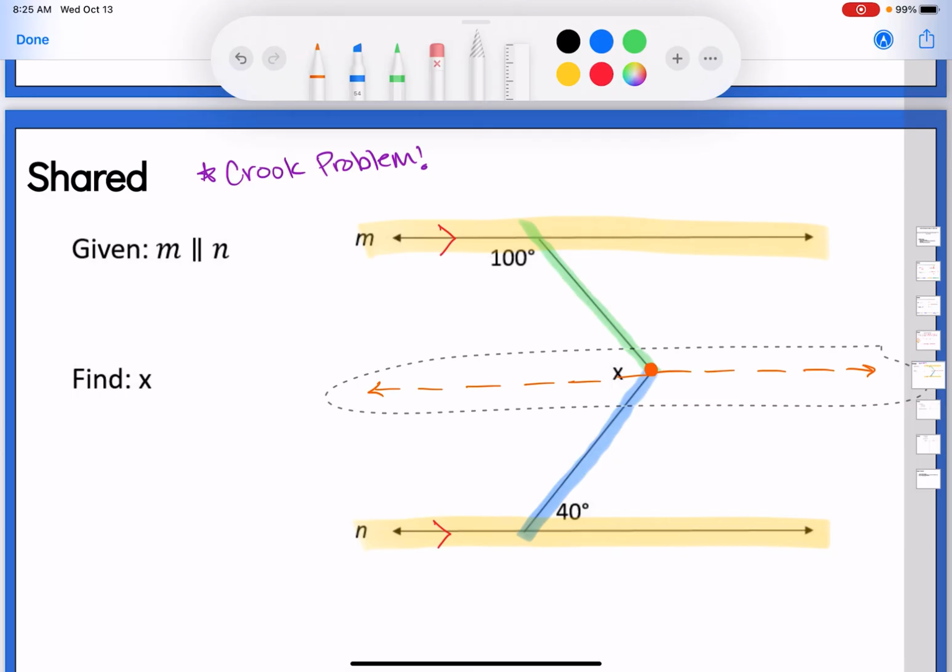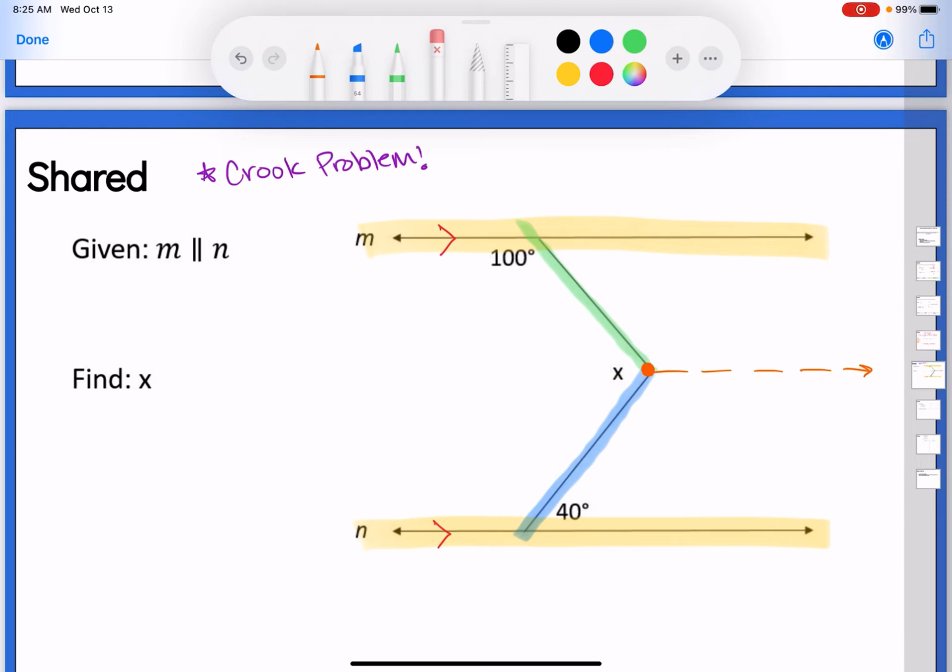Now I know that it's parallel to the other ones as well.